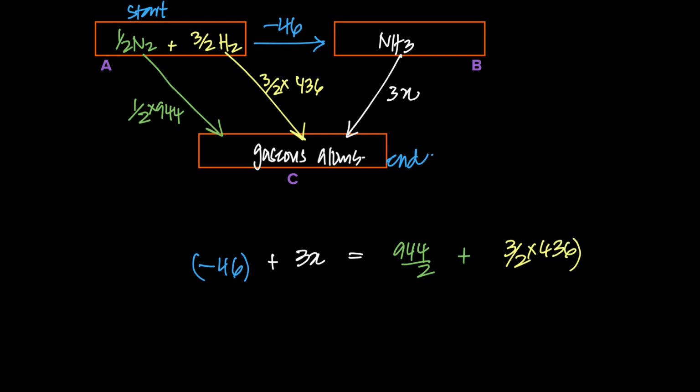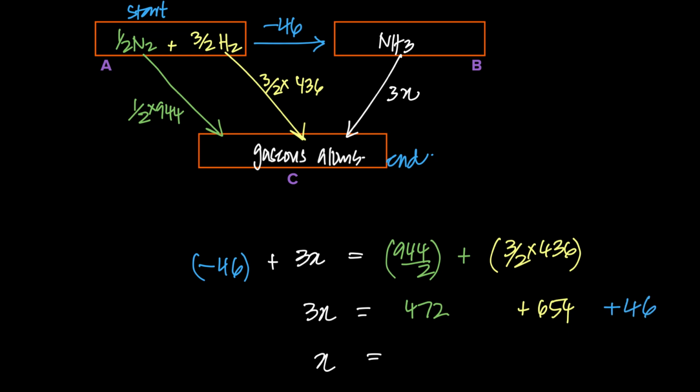Now this will lead you to 3x being something and therefore x being something else. This one is 654, and 944 divided by 2 is 472. All of this plus 46, so 472 plus 654 plus 46 is 1172, divided by 3 gives you 390.7 kilojoules per mole.